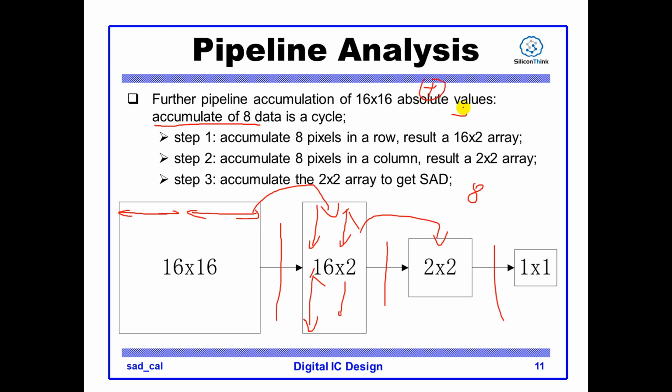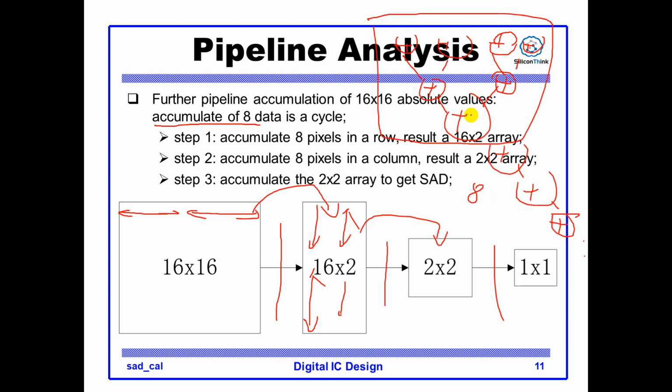You have to use 7 cascade adders. Or you may say you can put them in the tree architecture, the binary tree architecture, about 3 levels. Something like that.